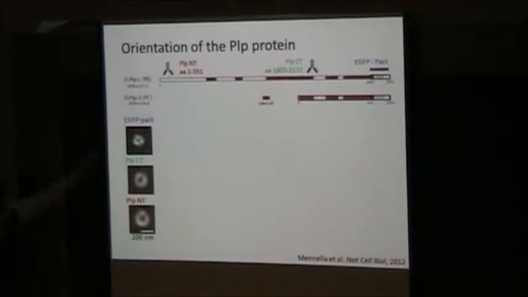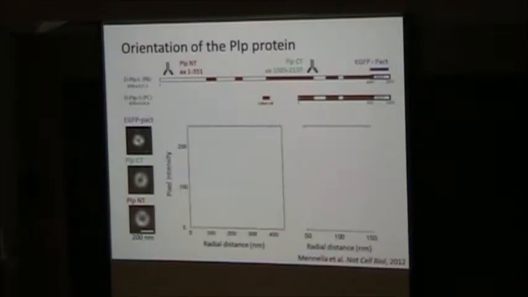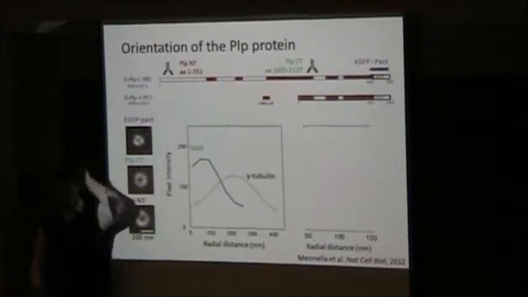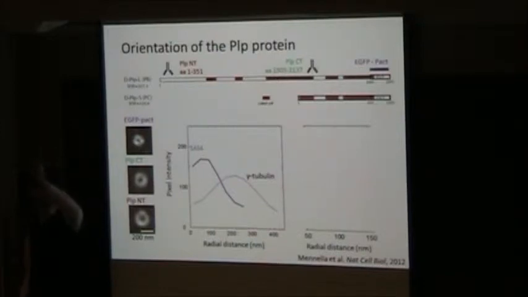From this image, because we are looking at something surrounding the centriole, you can clearly see the ring diameter is different. To be more precise, we take a radial cross section and measure the radial distribution. The reference marker SAS4 marks the centriole wall.